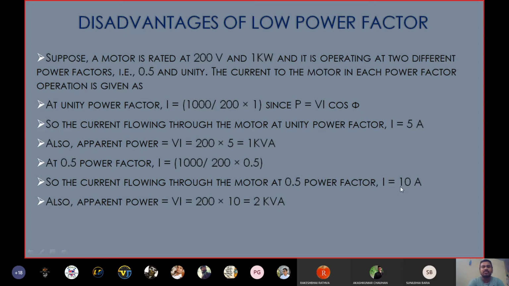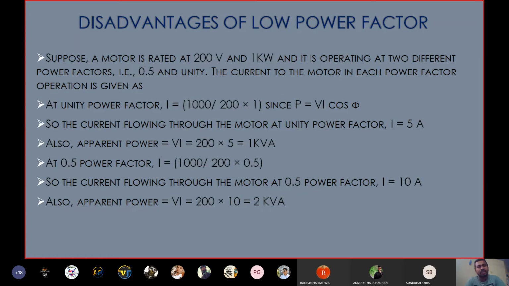So I = 10 ampere, and the apparent power becomes 200 × 10 = 2 kVA. This is an example of the same motor operating at different power factors.